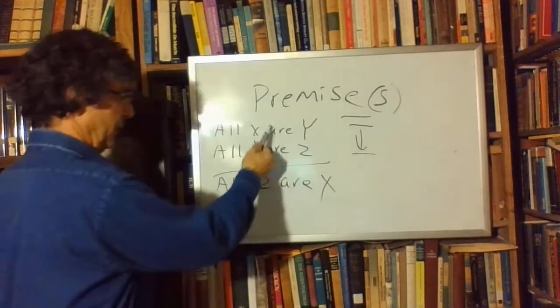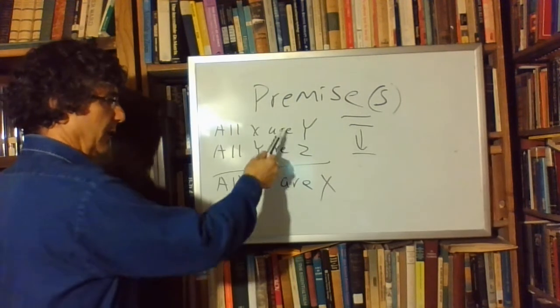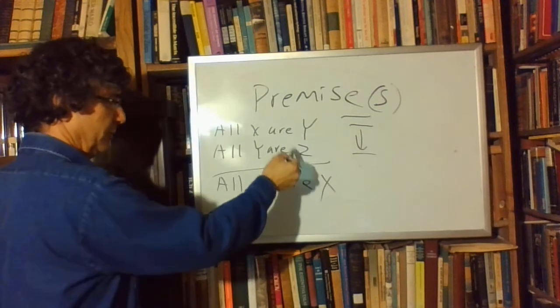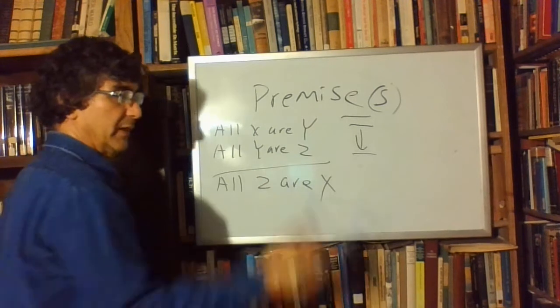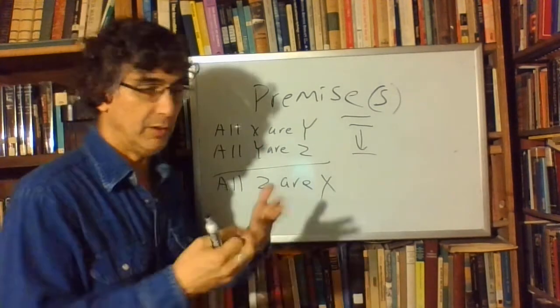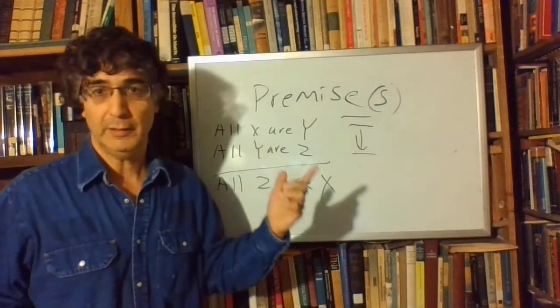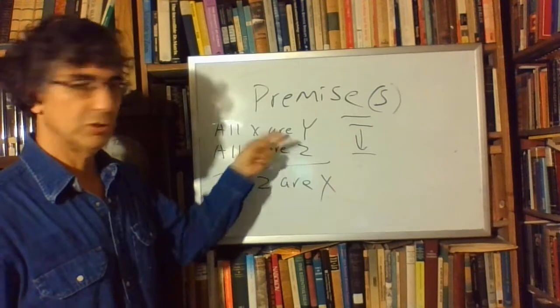So these are premises, and this is a conclusion. Each one of the three is, of course, a proposition, but the first two are premises, and this one is a conclusion. But they're all propositions. Why? Because they all have truth value. Either all z really are x, or they are not. So these are propositions, but the first two are also premises.